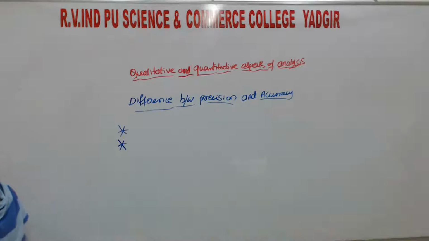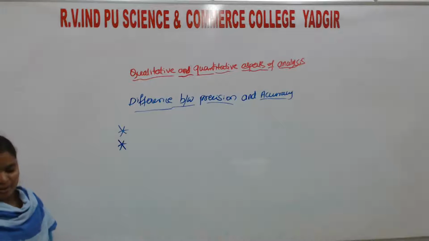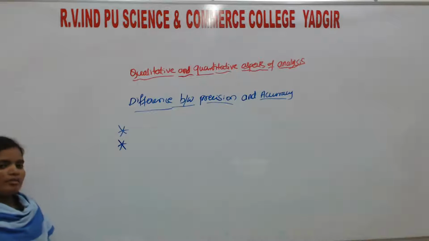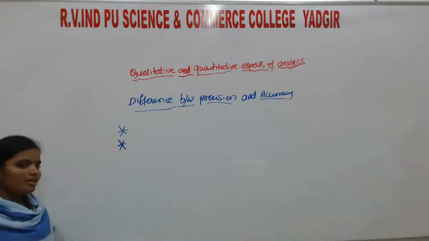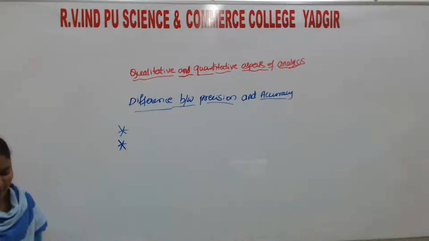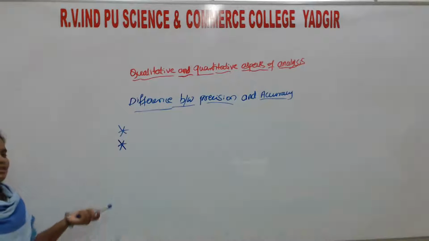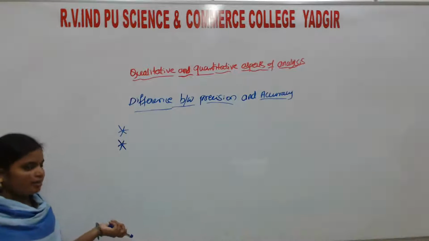Precision, on the other hand, is the measure of the agreement between several experimental values or results. These experimental results are values obtained for the same quantity under identical conditions.